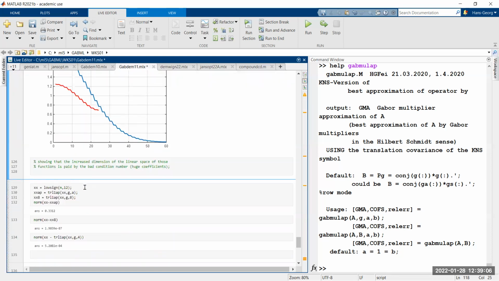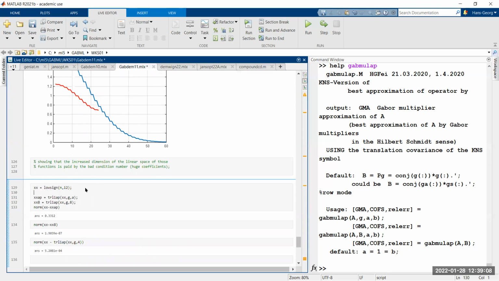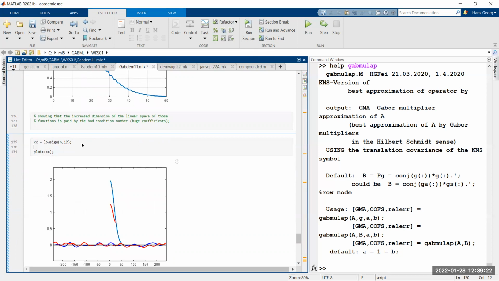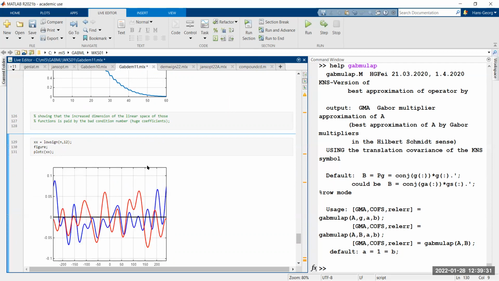Now, I wanted to show you this. So this is still just a one-dimensional analog of the situation that we have in, yeah, that was not good. Start a new figure. So I'm saying, well, if I want to approximate a function, then it has to be, of course, smooth.